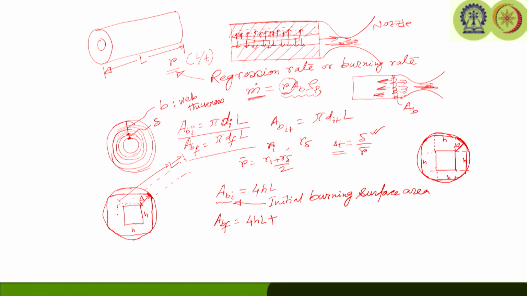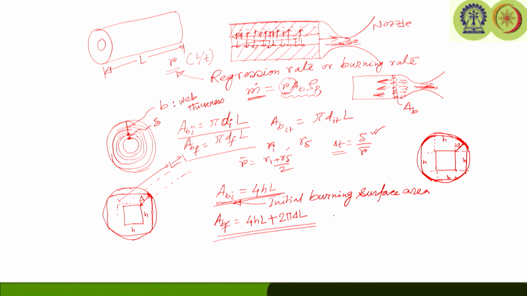So, we can get 2 pi r by 4, that will give us the perimeter of the circle, because this is an arc. So, we need to know the length of that. We have 4 of them, 1, 2, 3 and this 4. So, if we do that, we have 2 pi into delta L. So, that will give us the final burning surface area.